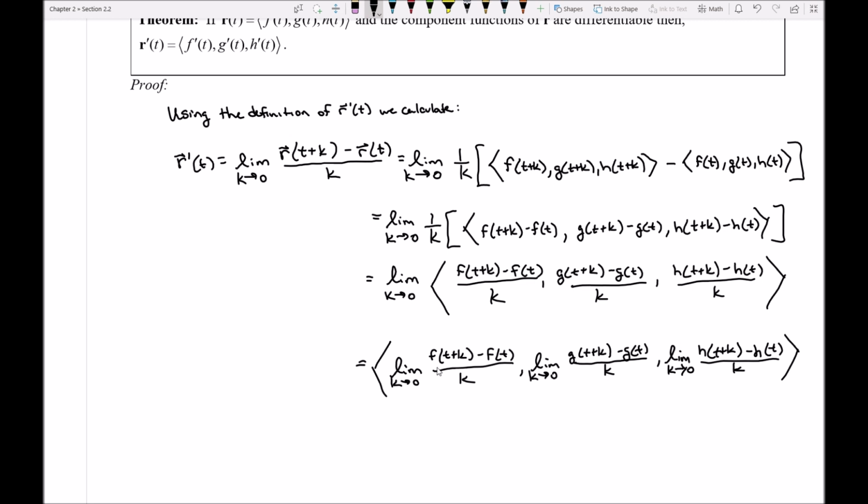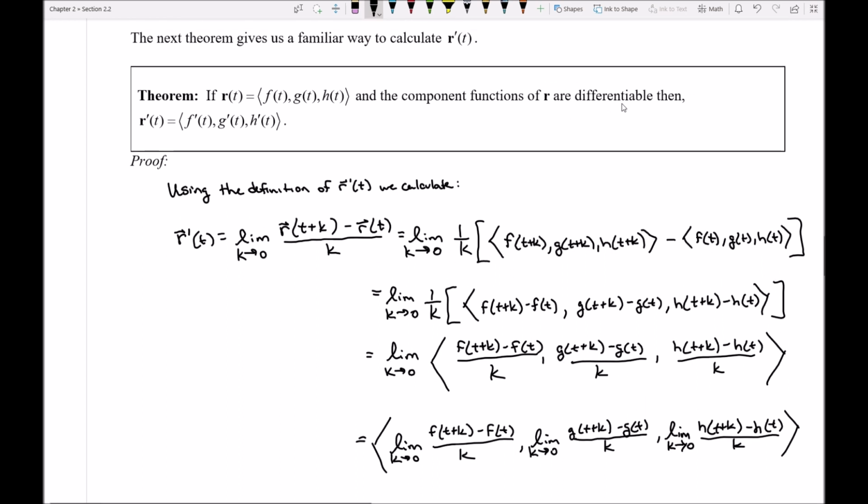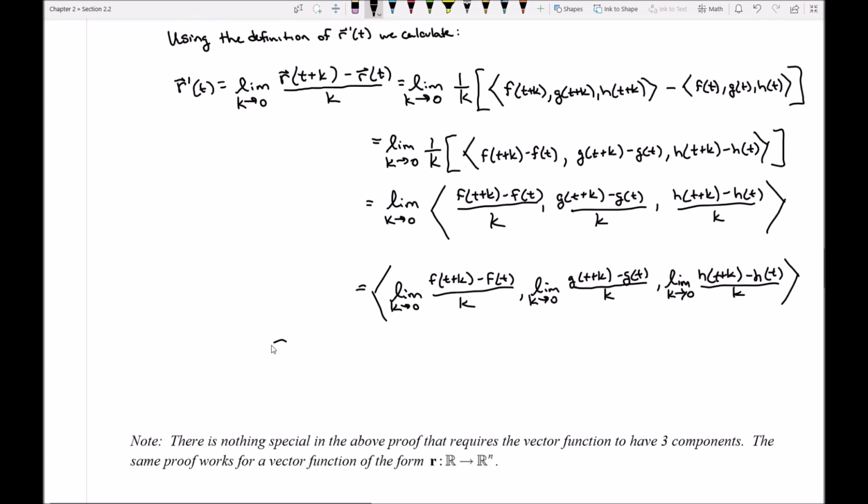So actually, these are 3 basic Calc 1 limits. And since I know that my functions, the f, the g, and the h, are differentiable, then I know all 3 of these limits must exist.